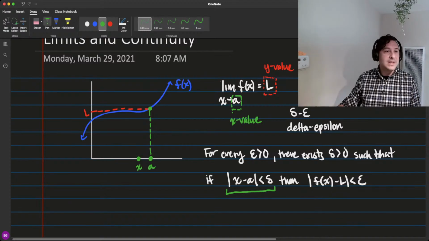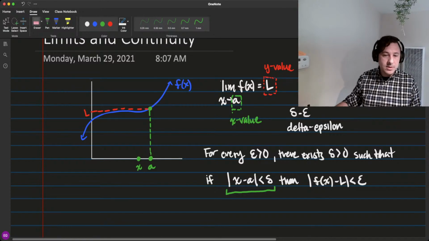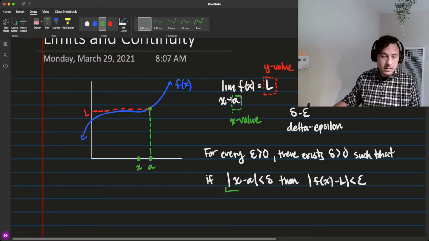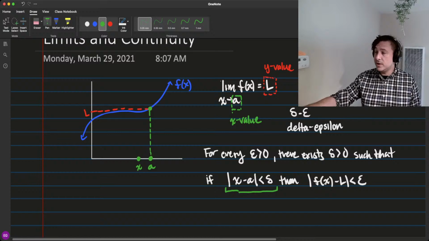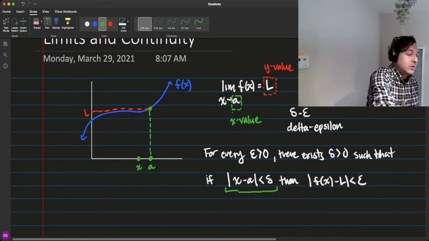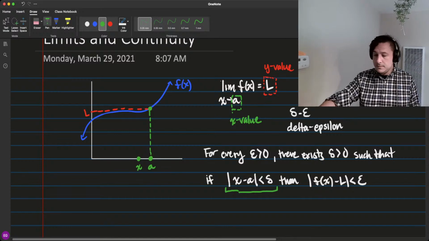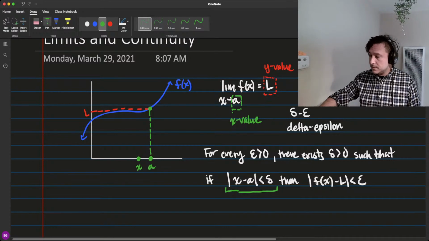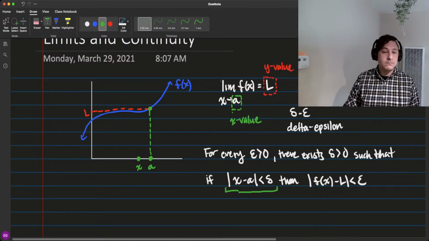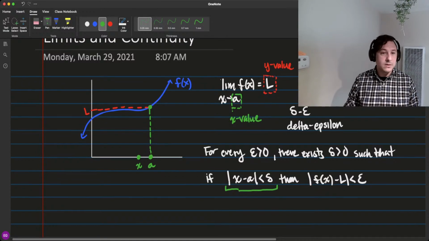So what's the distance between them at most? It's greater than 0, but it's at most how much? Okay, so let's talk about how this works.